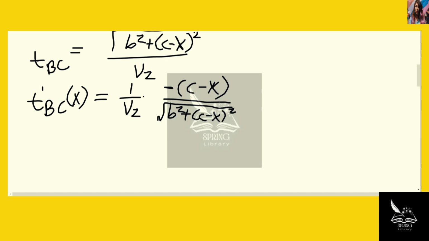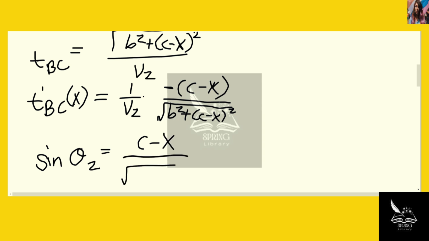And now again, using trigonometry and the length of BC, we find that sine of theta 2 is equal to c minus x over the square root of b squared plus c minus x squared.